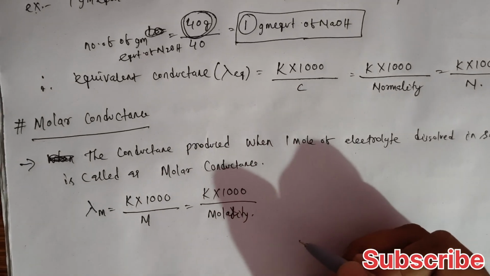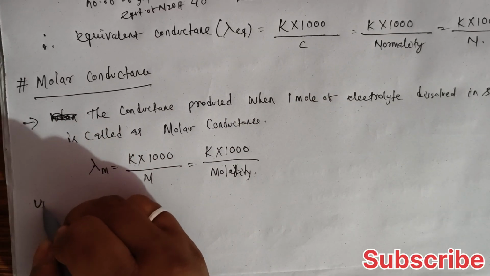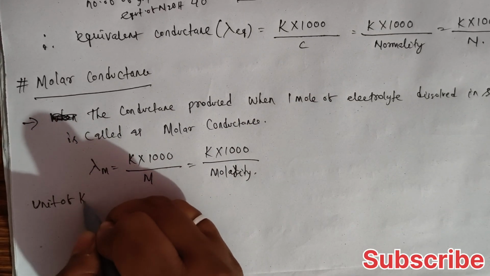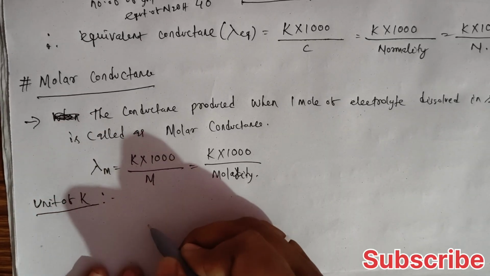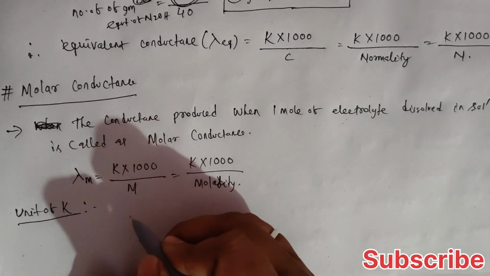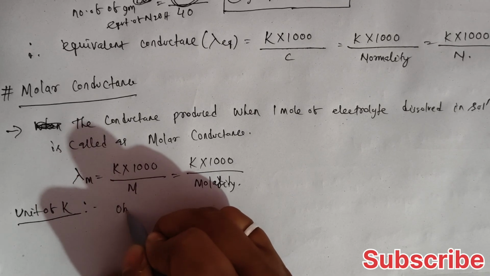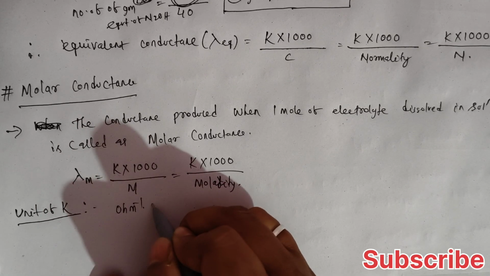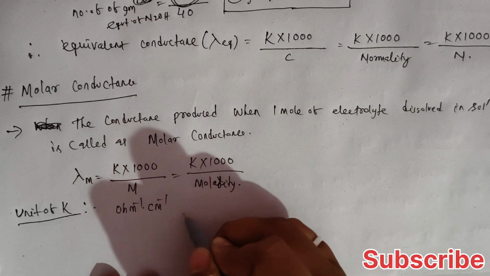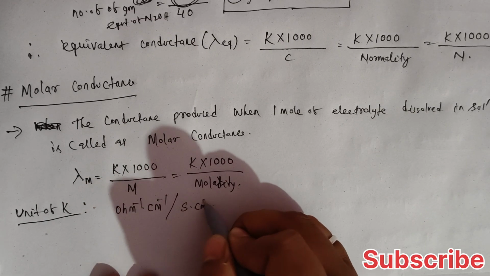Now we have to determine their units. We all know the unit of k, or conductivity, is ohm inverse centimeter inverse. This is the CGS unit. Ohm inverse means Siemens centimeter inverse.